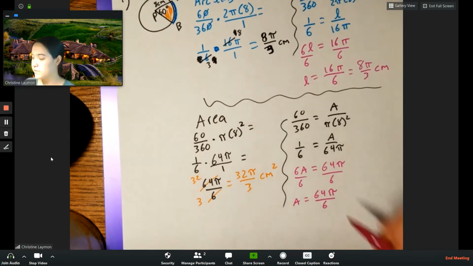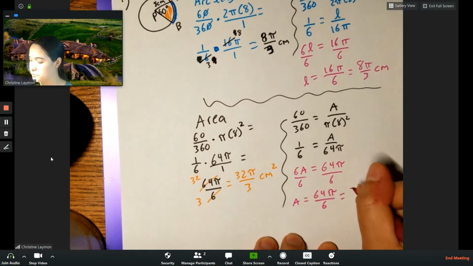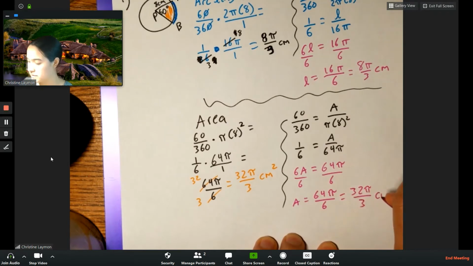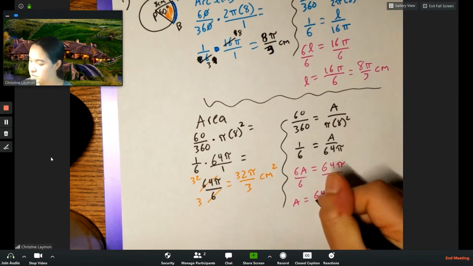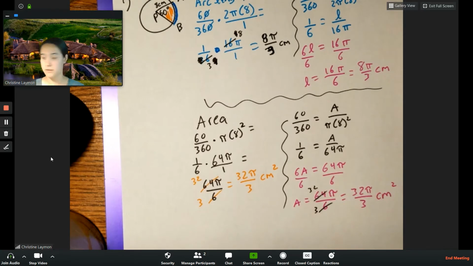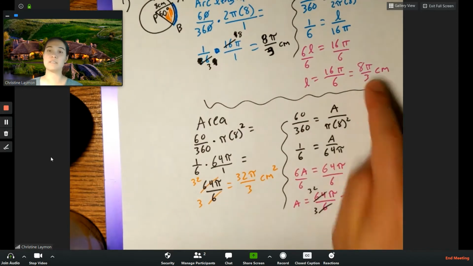And if I divide the top by 2 and the bottom by 2, I am getting out 32 pi over 3 centimeters squared. So again, remember what I just did. I said divide this by 2 to get 32, divide that by 2 to get 3. And that's how I got this right here. So these are the sector areas. These are the sector arc lengths.